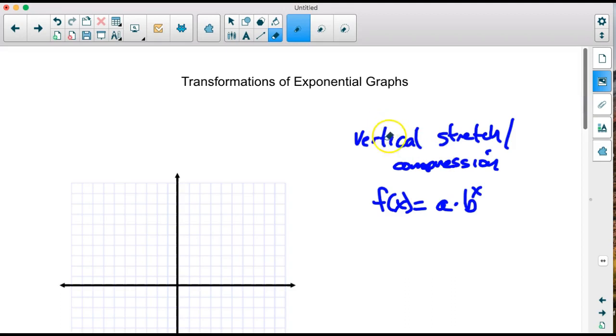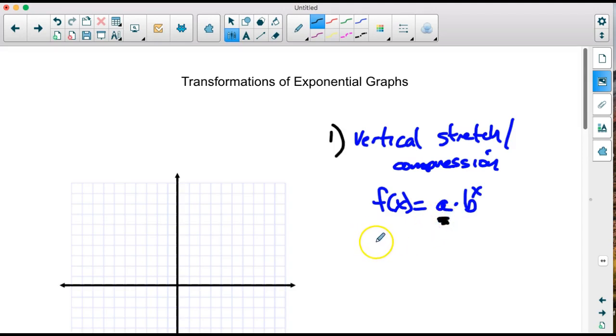Alright, the first transformation that we'll be looking at is the vertical stretch or compression. That's going to be by this a value that's in front. If this a value is greater than 1, it's going to be a stretch.